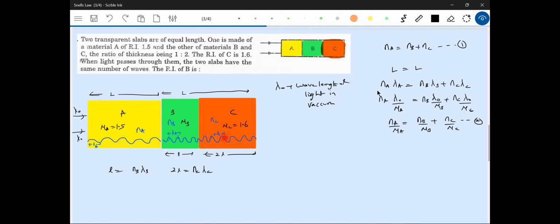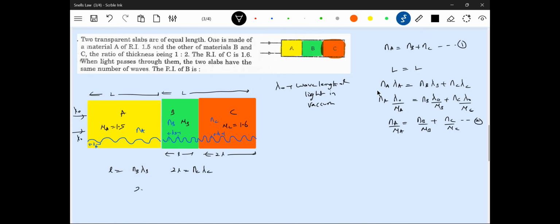Let me substitute the value of L here. So 2 times NB lambda B equals NC lambda C. What is lambda B?